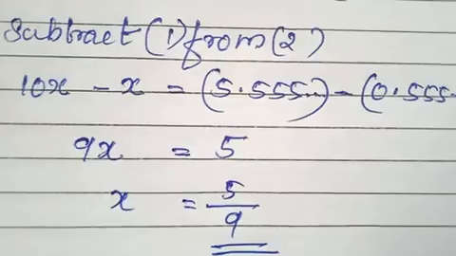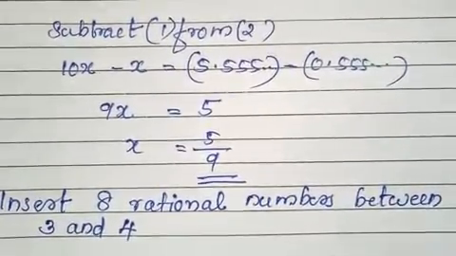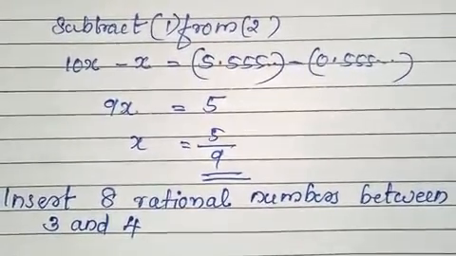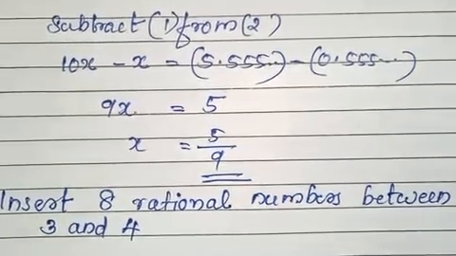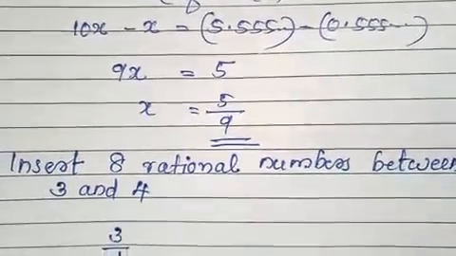And the next question is: insert 8 rational numbers between 3 and 4. What they have asked over here is that we should find 8 rational numbers between 3 and 4. 3 we already know is 3 by 1, and 4 is 4 by 1.